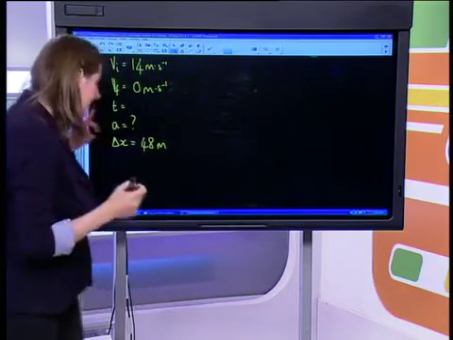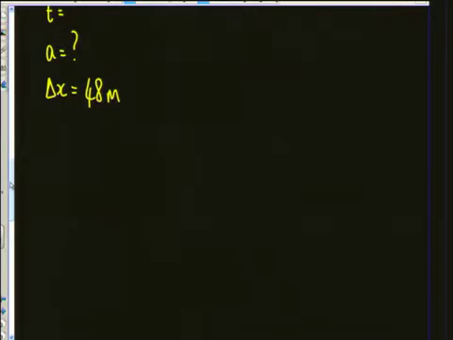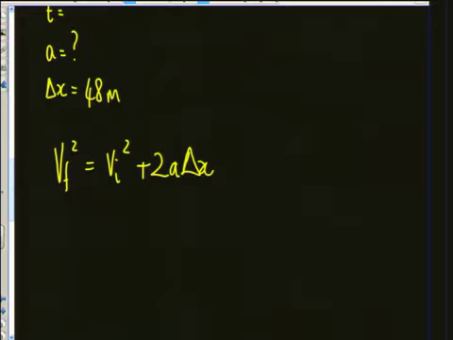So I know immediately the equation I want is one that does not have time. The equation I'm going to use is the 4th one: V final squared is equal to V initial squared plus 2a delta x. And then we can substitute and solve.